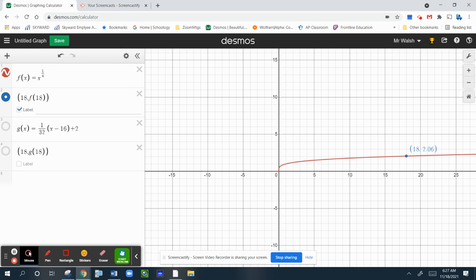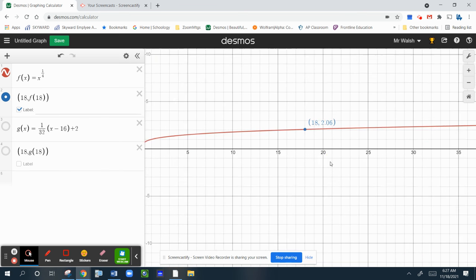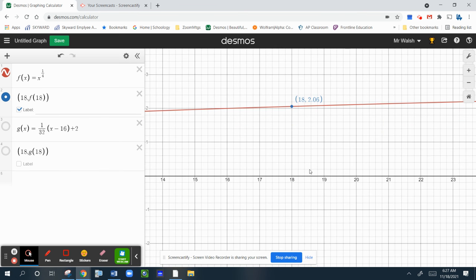What I did here in Desmos is I graphed the fourth root of x, and I'm going to figure out what the value is at 18. So I had Desmos do that for me, and the actual value is 2.06. Now that's rounded, obviously, because the fourth root of 18 is irrational.